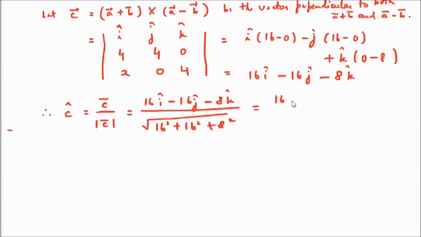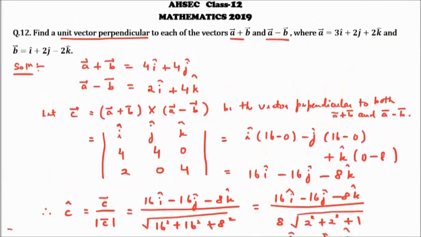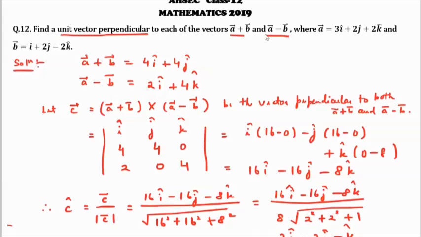From here, if I take 8 common outside, this will be simply 2 square plus 2 square plus 1. So I will get 2 i cap plus 2 j cap minus k cap divided by 3. I have got this as a unit vector perpendicular to these two vectors.